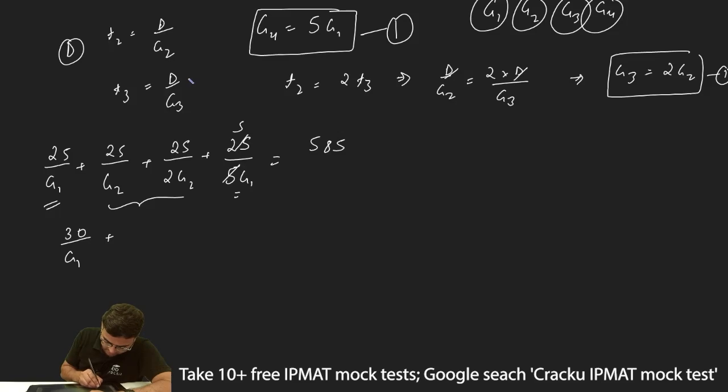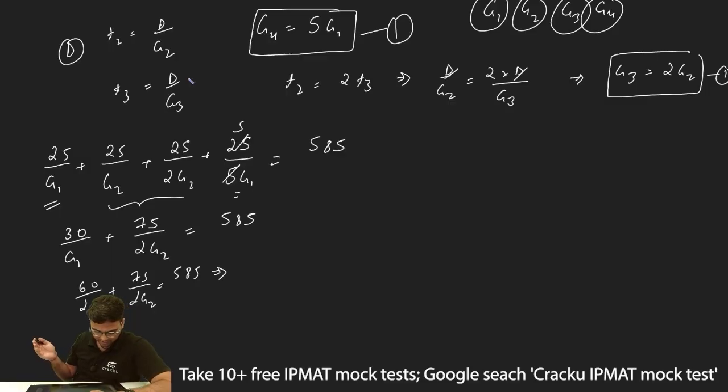Solving this gives me 75 divided by 2G2, which is equal to 585. I can write 30 upon G1 as 60 upon 2G1, plus 75 upon 2G2, equal to 585.